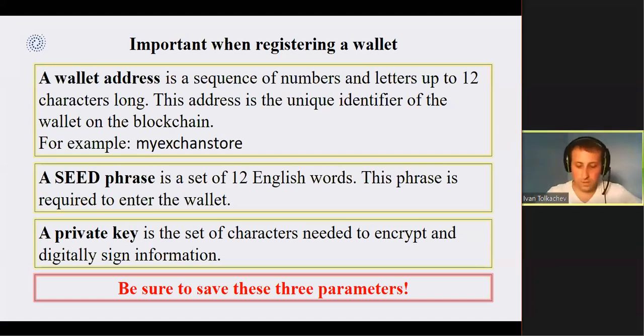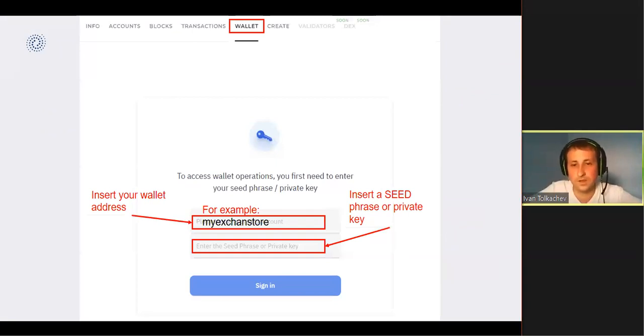You may use a cold wallet or even a memory stick. You may hide it somewhere. So this wallet address, a seed phrase, and a private key. So to have a standby device, you'd better use several ways to keep it secure and safe, not to lose it. Next slide, please.